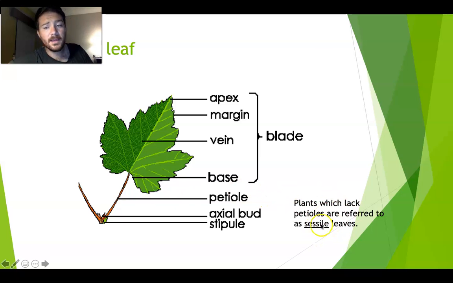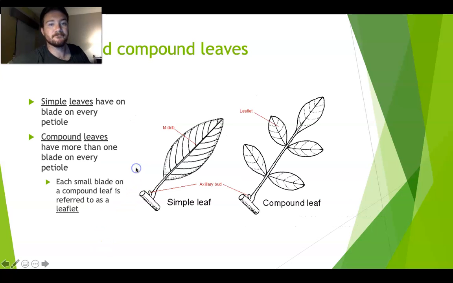Plants occasionally do not have petioles, and they are referred to as sessile, meaning they, in the animal kingdom we use sessile to mean something that doesn't move. In the plant kingdom, it's referring to something that does not move away from the tree.